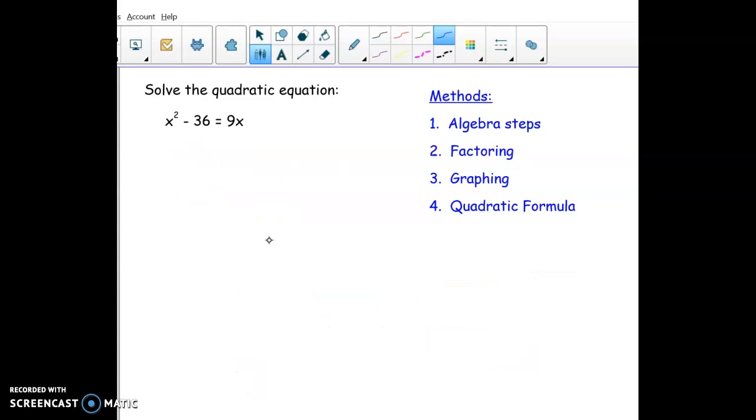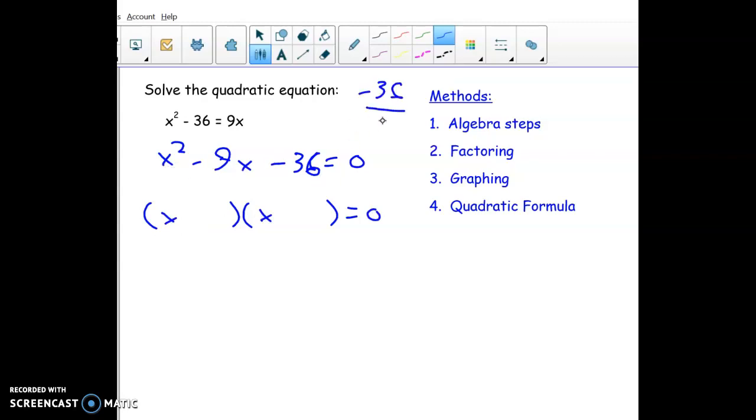All right, next one. Give it a shot. We're going to get 0 on one side first, minus 9x, and I'm going to write it in order, because usually that's helpful if you're going to factor. Actually, for any of the methods, that's pretty much helpful. Now it looks like this might be an easy factor one. Let's try x and x here. That'll give us the x squared. And for negative 36, it has to add up to negative 9.